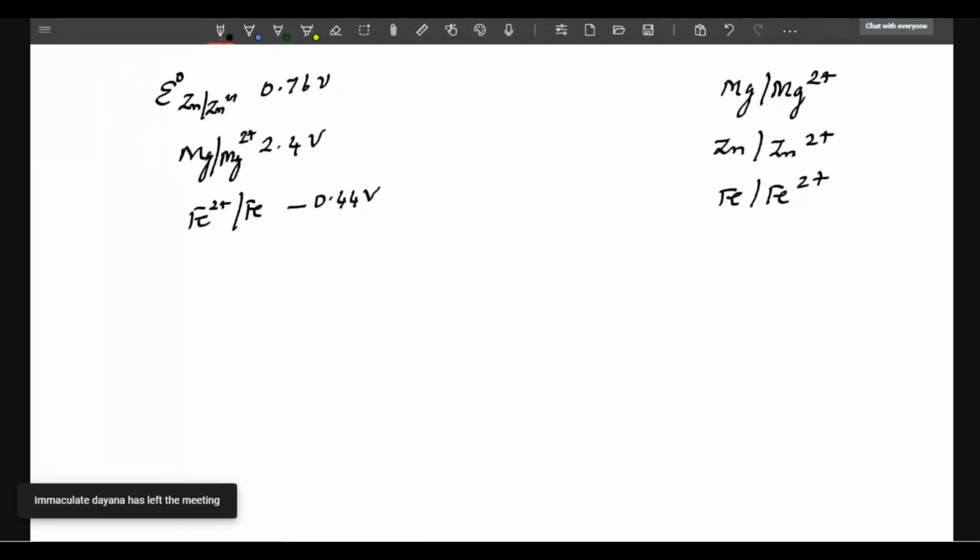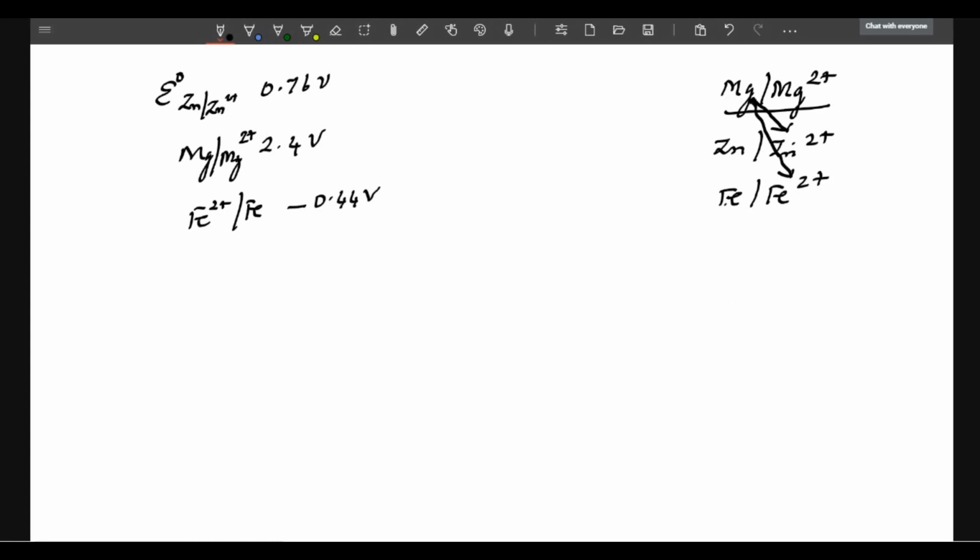Okay. Now, which is the strongest reducing agent? Magnesium. Which metal ions will it reduce? Zinc 2 plus; don't say that it reduces zinc, it reduces zinc 2 plus to zinc. It reduces iron 2 plus to iron.